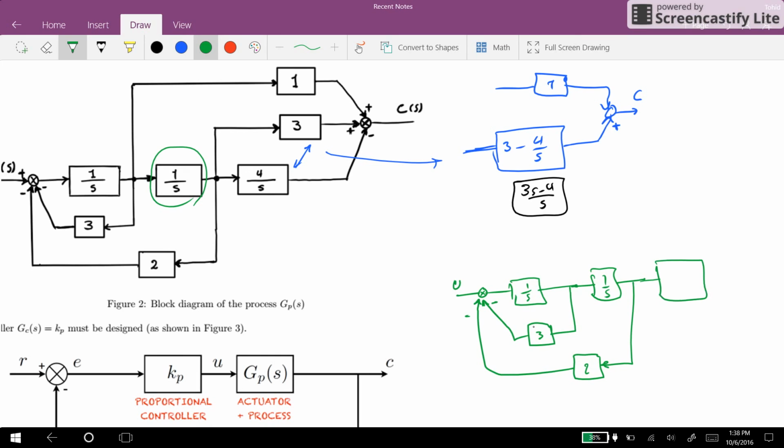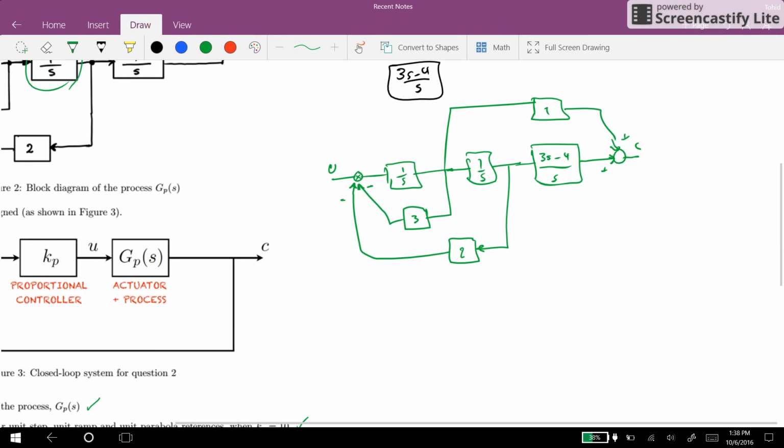Then we have what we have obtained, 3S minus 4 over S. And from here we have 1. And then they are added to each other to provide us the output.